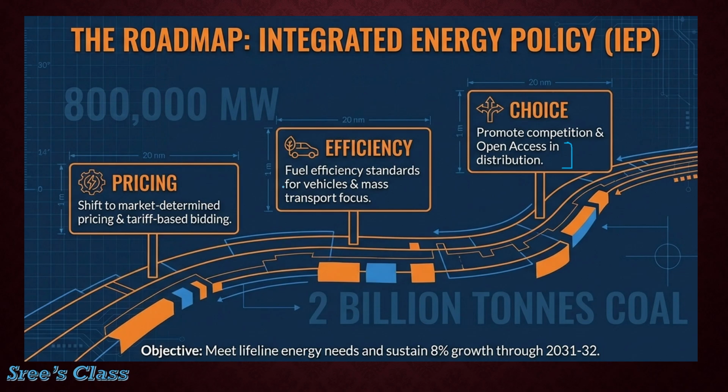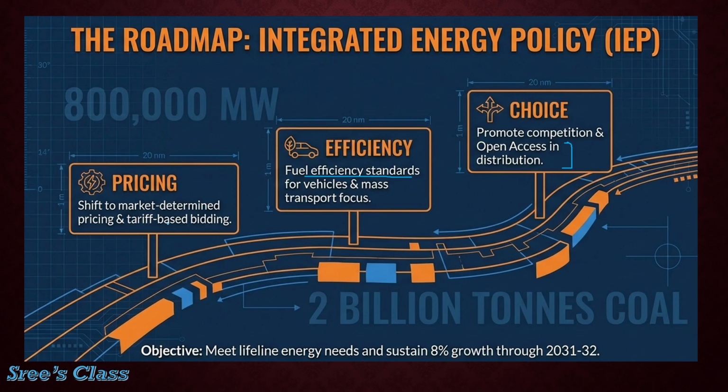Next is efficiency: fuel efficiency standards for vehicles and mass transport focus. Of course, you have heard about BS6 vehicles and all those things, so that will come here. The mass transport is ongoing, and in some places it is already there.